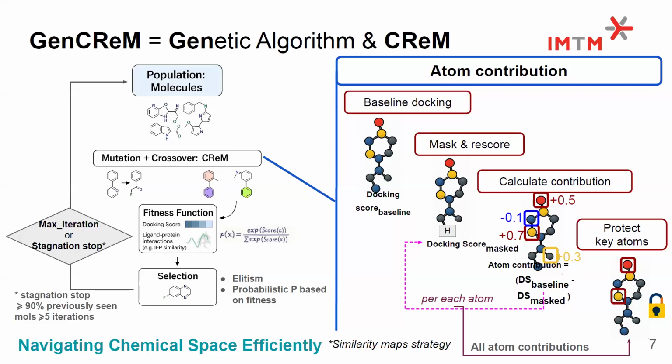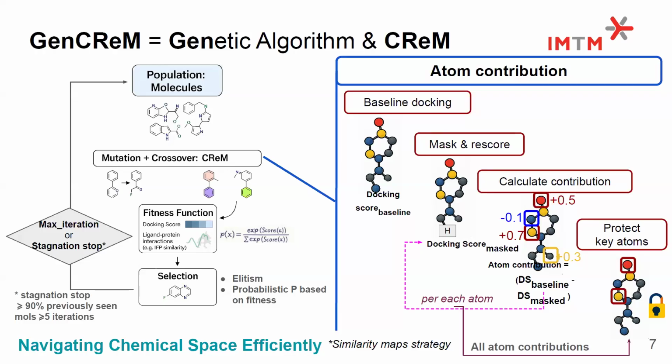Then we iteratively, atom by atom, replace each atom with a non-polar hydrogen. In this case, Vina and Gnina just ignore such an atom, not taking it into account.